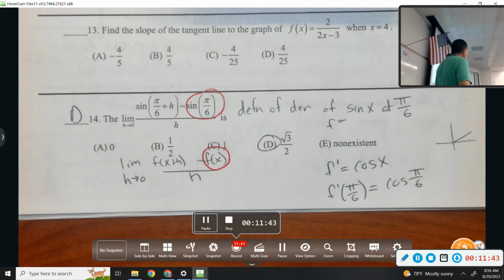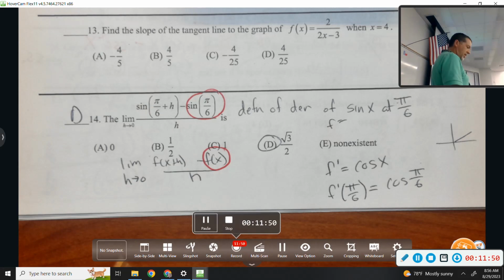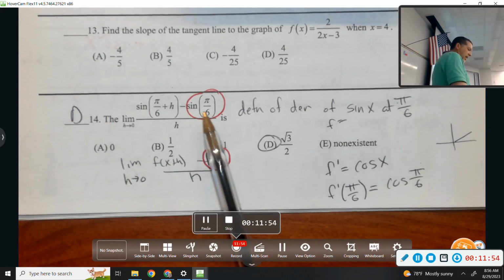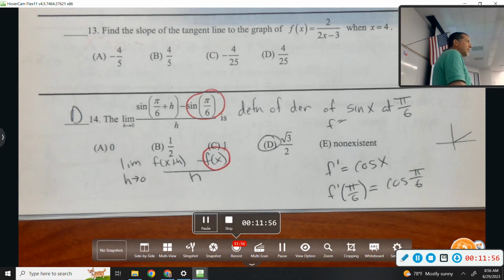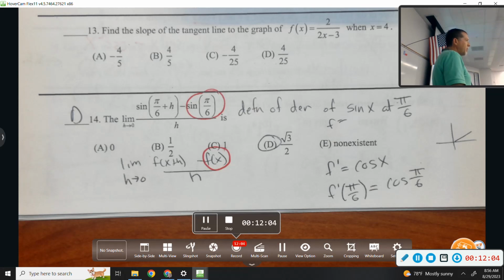So computationally, it's not a difficult problem. But conceptually, you have to recognize that this setup is asking you to find the derivative of sine at pi over 6. So forget the limit stuff, just find the derivative of sine at pi over 6, and that's your answer. So it's a really tricky way to ask a straightforward question.